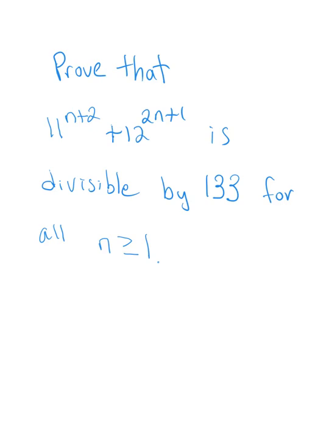We want to prove that the quantity 11 to the n plus 2 plus 12 to the 2n plus 1 is divisible by 133 for all n greater than or equal to 1. So this will be done by induction.